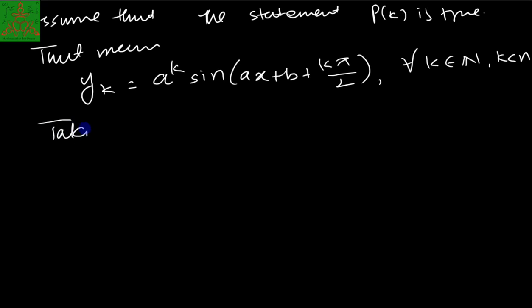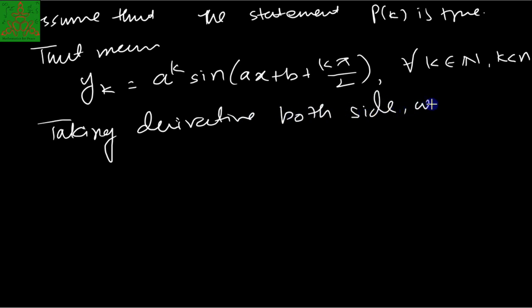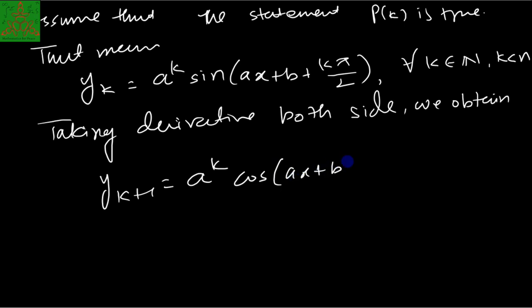So I need to differentiate this to get the (k+1)th derivative. So taking derivative both sides, we obtain y_(k+1). A^k is independent of x, so we can write it outside. The derivative of sine, we know it is a cos(ax + b + k pi by 2), and the derivative of ax + b + k pi by 2 by chain rule is a.